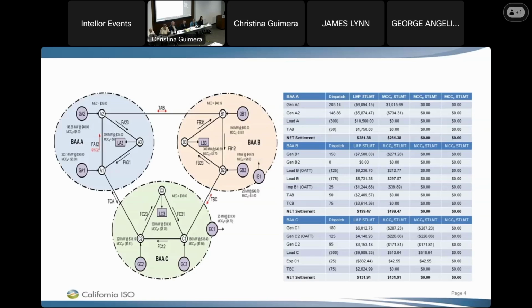I just don't want to leave the impression here that we have to resolve all of those different allocations in order for this design to move forward.